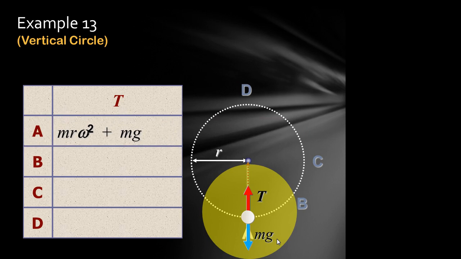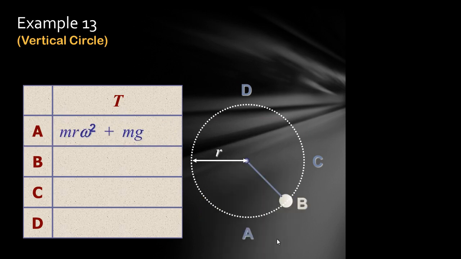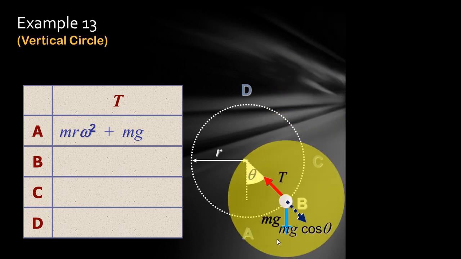Right, so if you understand this, let's take a look at B. Now, we still have the same 2 forces, but now they are not in the same line of action. Okay, let's consider B as an angle theta to the vertical. The tension and the weight now no longer lie in the same line of action. But I can still resolve my weight into a direction that is the same as the tension.